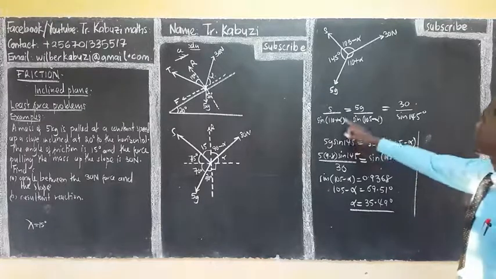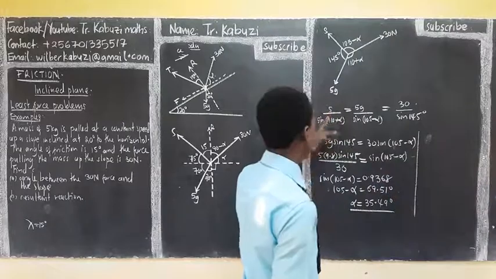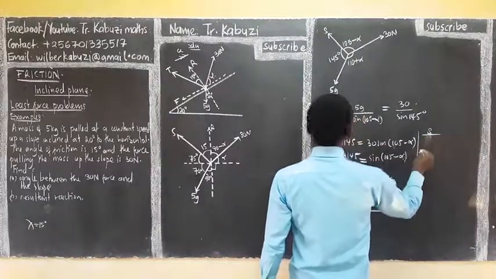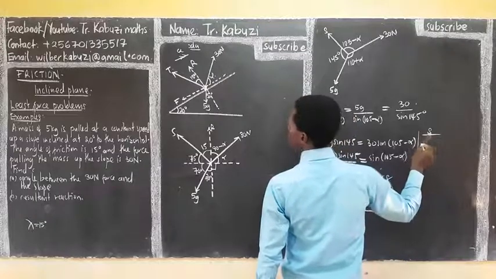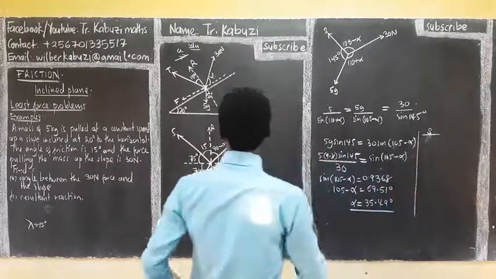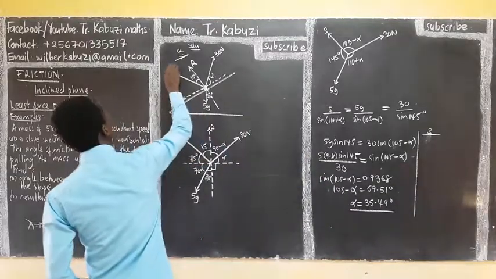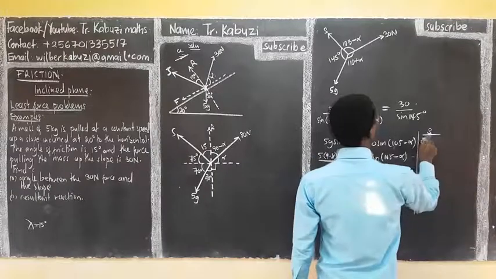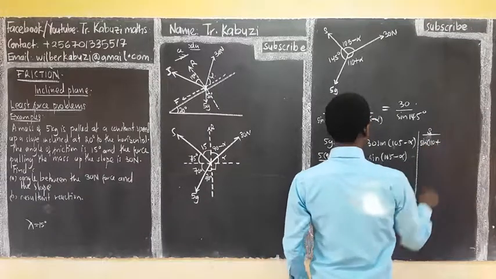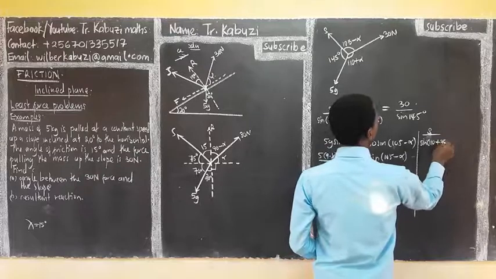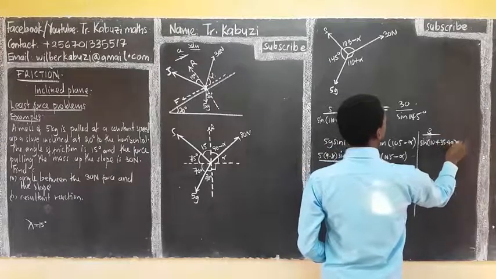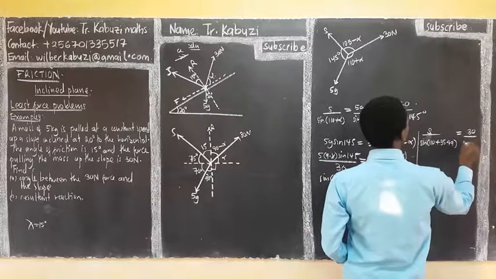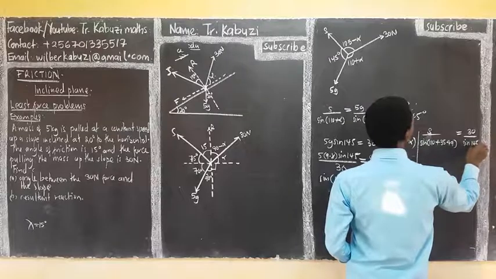And then if we come here, we can also get our S. How are we going to get our S? Remember our S over sine of 110 plus that 35.49 is equaling to 30 over sine 145.